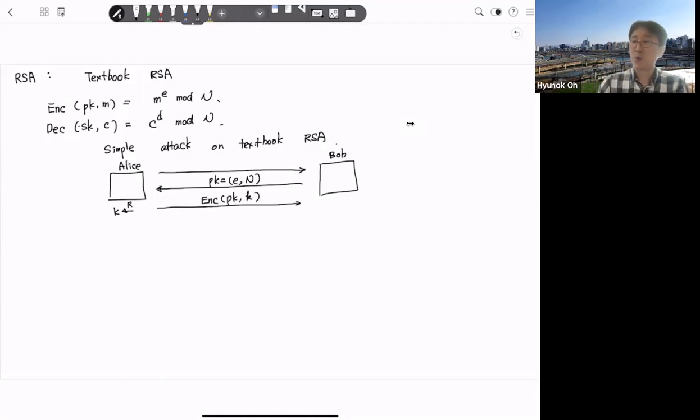Then both parties have the same shared key value K. In this case, if there is an attacker, an eavesdropper, Eve, looking at this encryption algorithm, how is Eve trying to break this encrypted message?